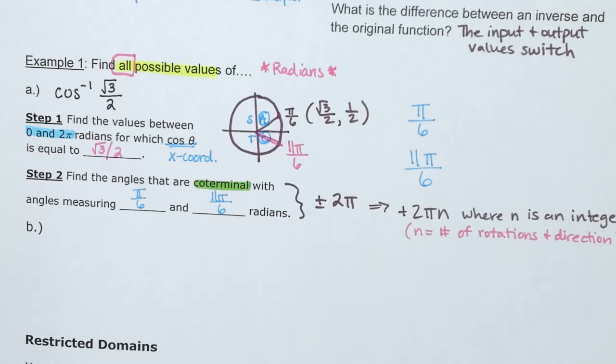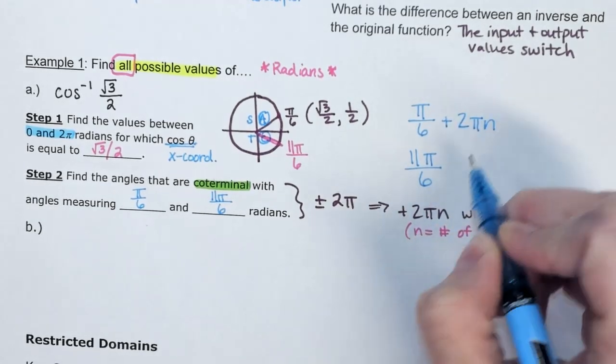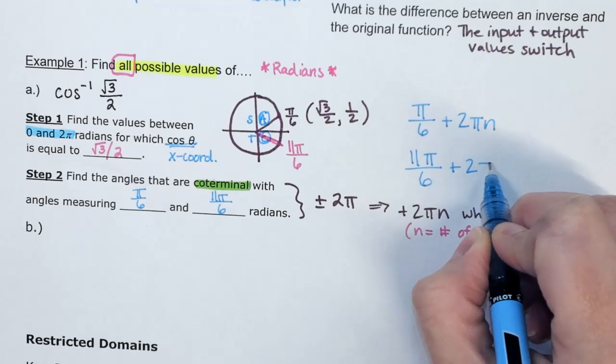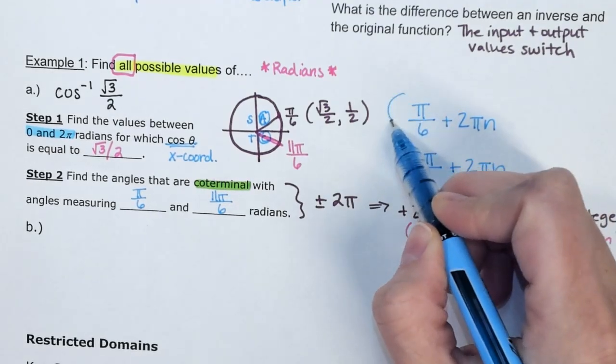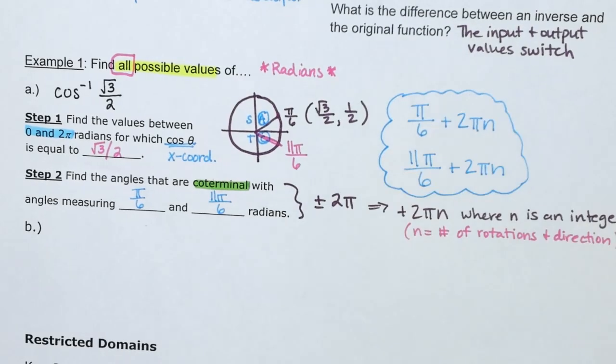So we would not be able to list all of the values because you would just keep adding and subtracting 2 pi. So instead, all we write is pi over 6 plus 2 pi n and 11 pi over 6 plus 2 pi n. Okay, so this is the form of your answer if you're finding all of them.